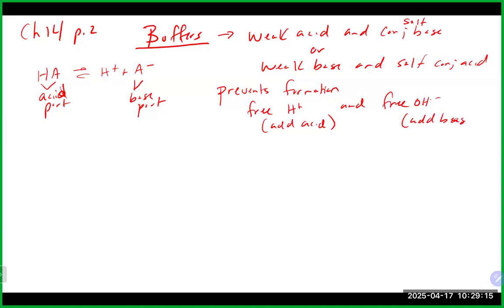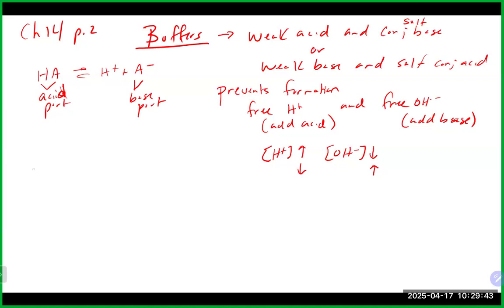That's important because the hydroxide and H plus concentrations are related to each other. As one goes up, the other goes down, and vice versa. If you're able to keep the H plus and OH minus concentrations relatively constant, that will keep your pH relatively constant. That's why we don't see these really big jumps.